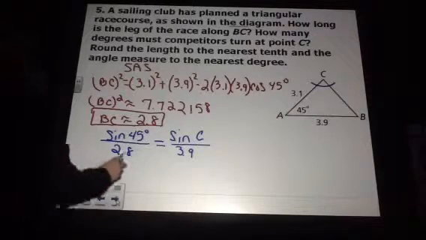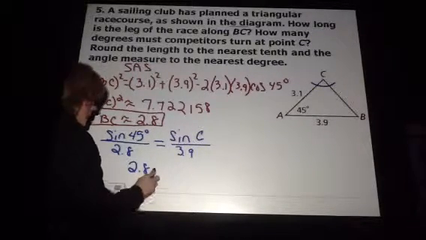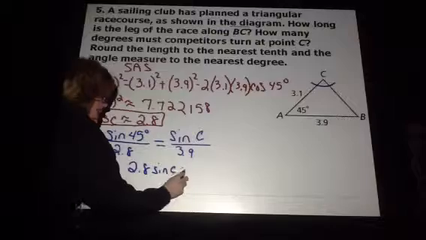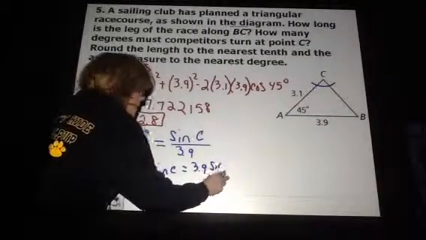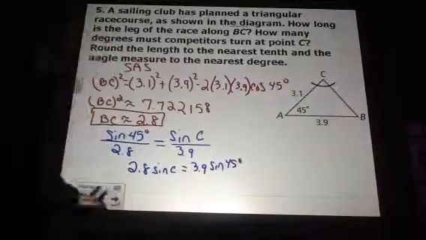Do my cross product. So I have 2.8 times the sine of C equals 3.9 times the sine of 45 degrees.